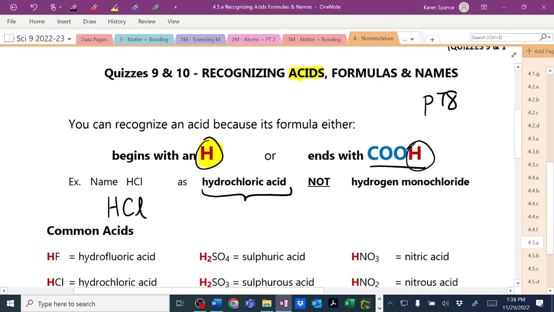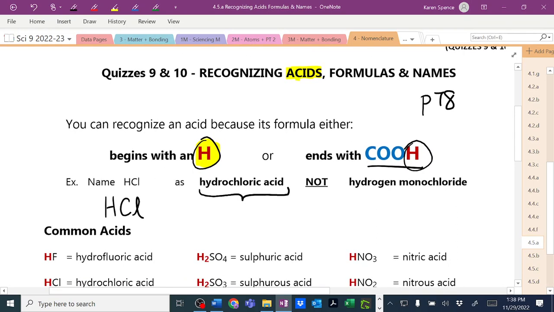Okay? So you have this table in your booklet. When you write the quiz, do not use this list. Okay? If you use the list, you'll find that on the test you don't have that list, and then you won't know what to do. So do not use this list on the quizzes.